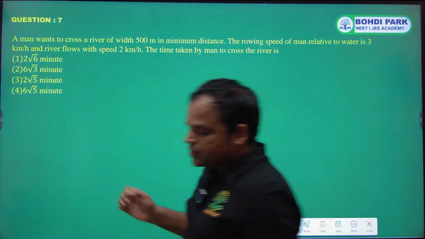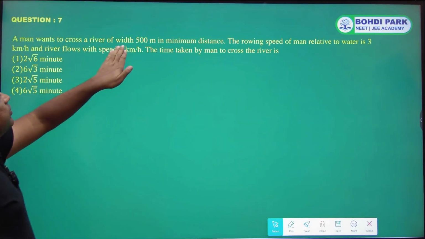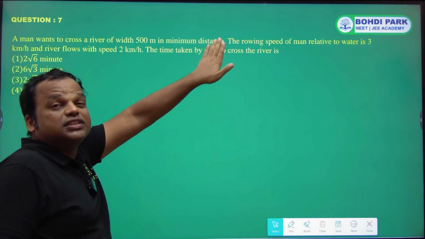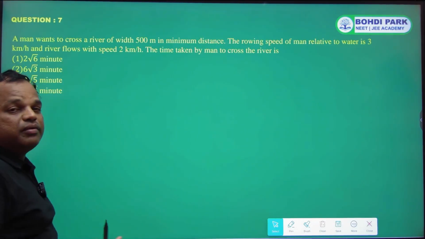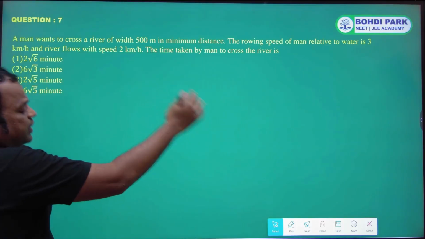Now look at this seventh question. A man want to cross river of width 500 meter in minimum distance. So if you remember the first or second question, we have derived one formula.